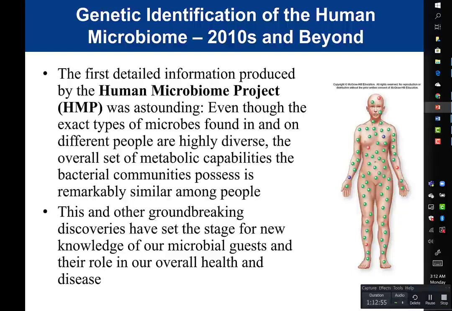And so this and other groundbreaking discoveries have set the stage for new knowledge of our microbial guests and their role in overall health and disease. An interesting example was that they found that babies who were born via C-section, cesarean section, versus babies born vaginally, had very different types of bacteria as part of their normal flora.